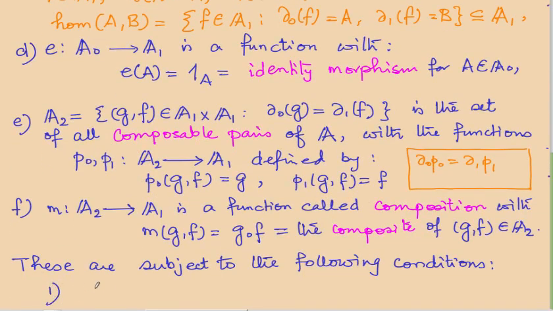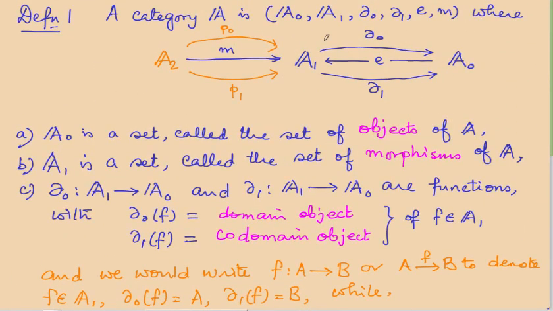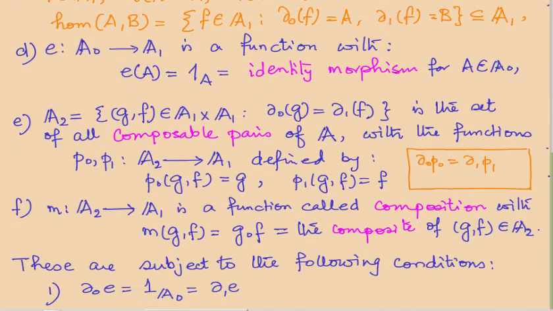The first one is saying partial 0 E is the identity on this. So that means I am saying that the domain object of the identity arrow is A, and so is the codomain object. Okay? So both are A.